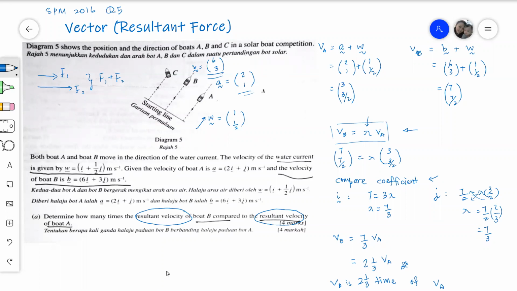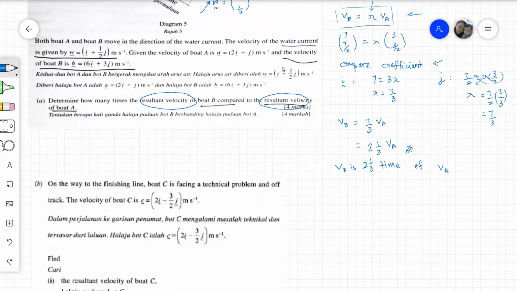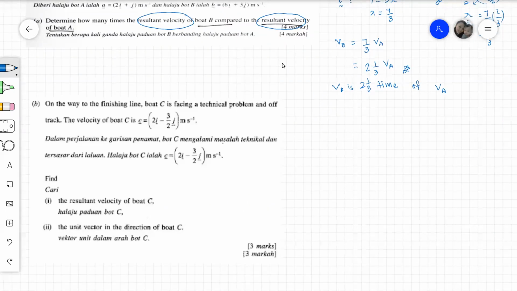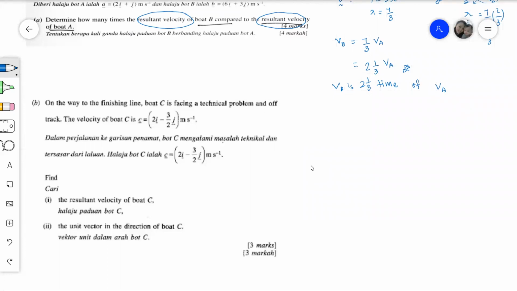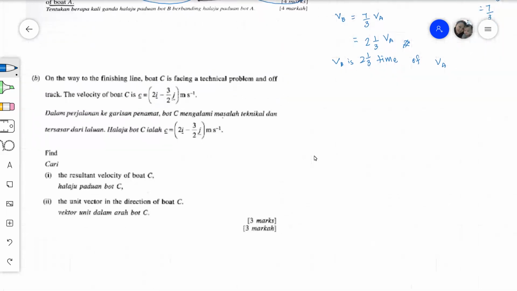Now let's see the part B question. On the way to the finishing line, boat C is facing a technical problem and goes off track. So the velocity of boat C is 2I minus 3 over 2 J. I would prefer to write in the form of a column, 2, negative 3 over 2.